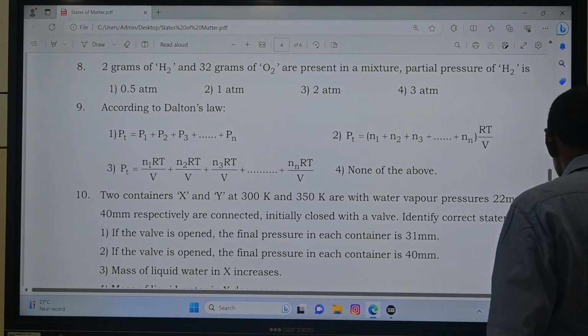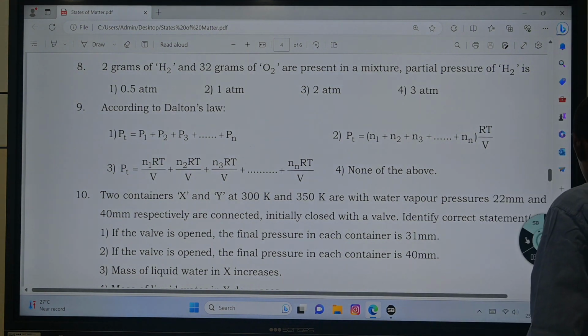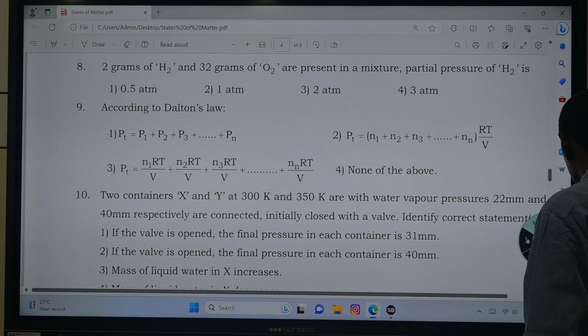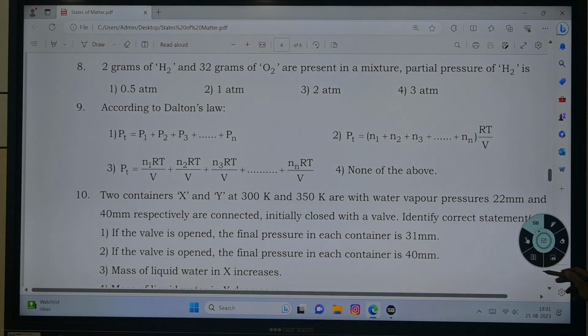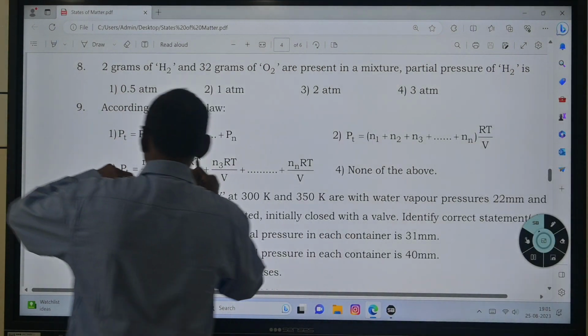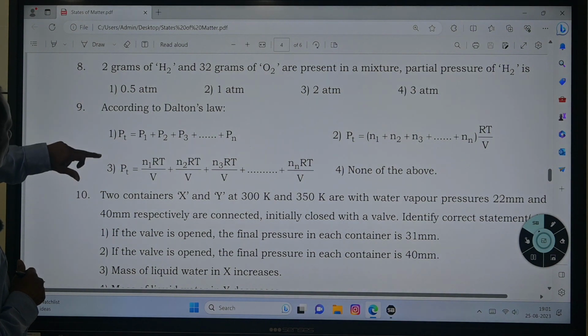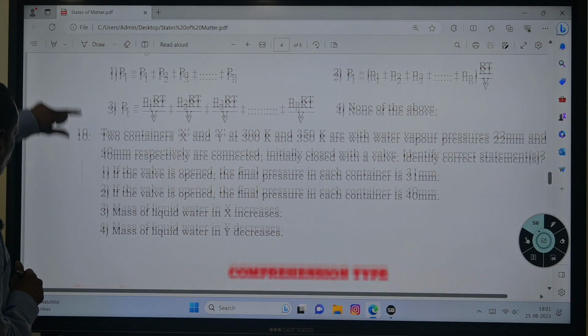What is given in the answer? Okay. So for this, what option is given? Let us see. Ninth question, stage 2.